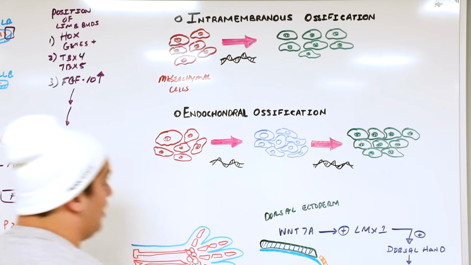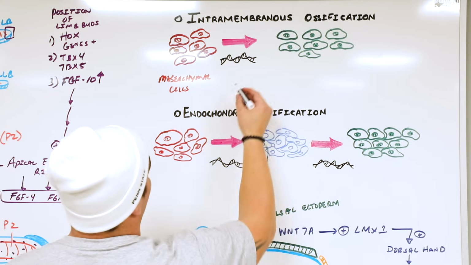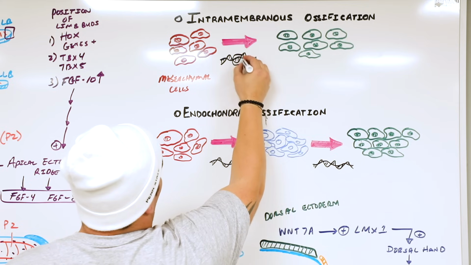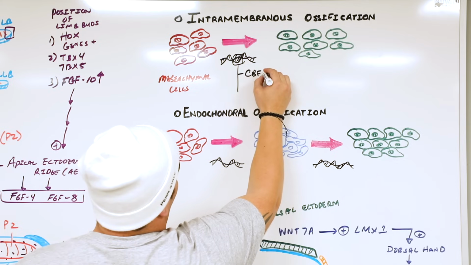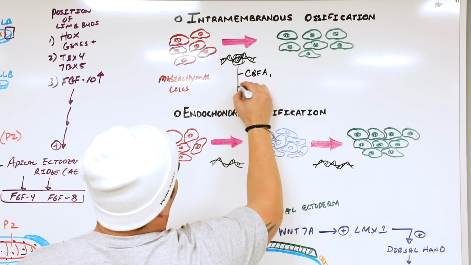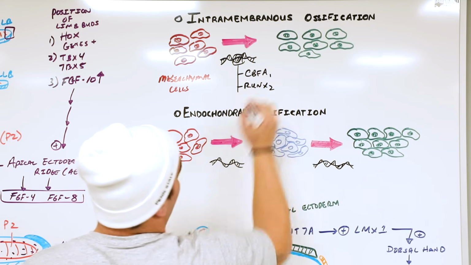What are the genes that you most likely see involved in this process? They're called the CBFA1 genes and the RUNX2 genes.